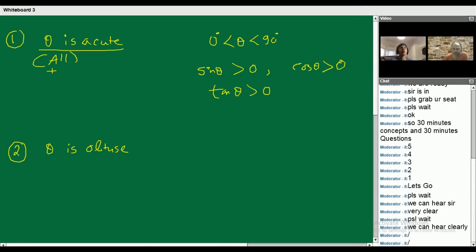Can we consider 270 degrees as an obtuse angle?